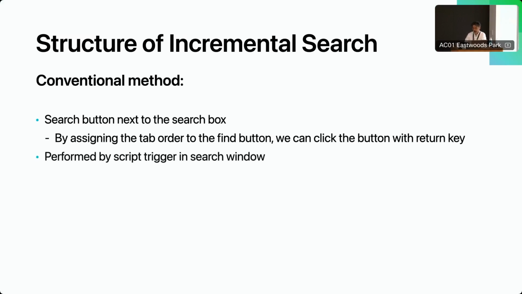At first, I was using OnObjectModify to perform it. OnObjectModify responds to just one character typed. At first, I thought that was convenient. And then I started to think that maybe it wasn't.